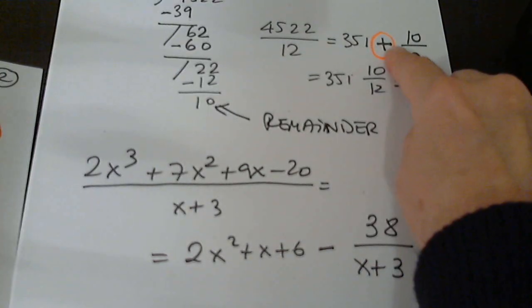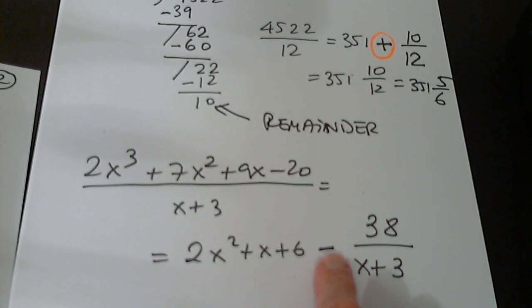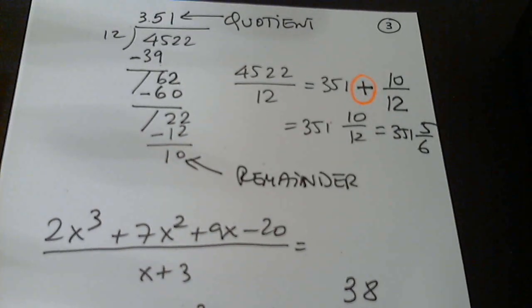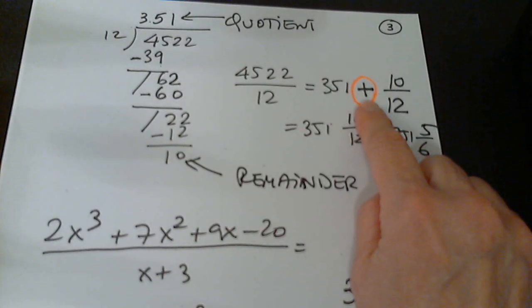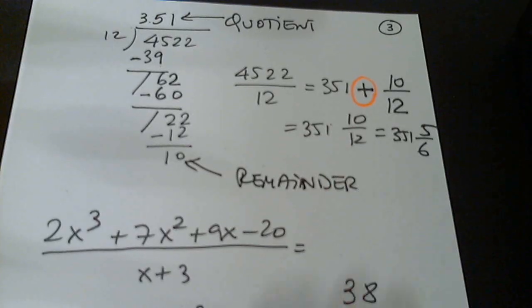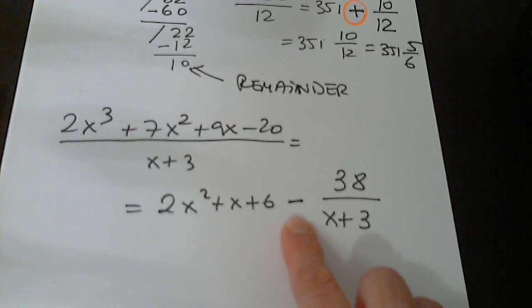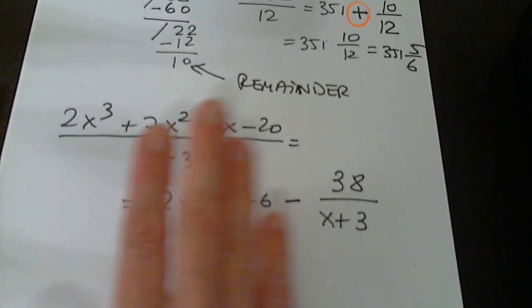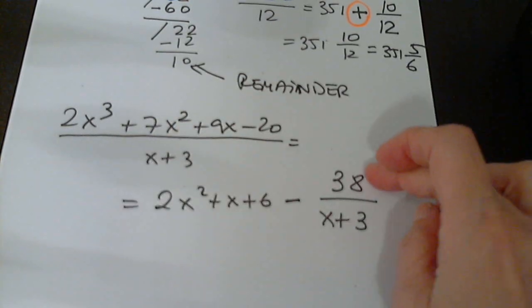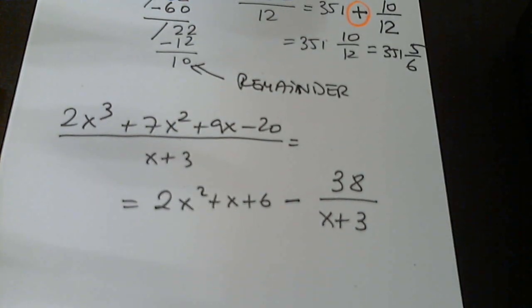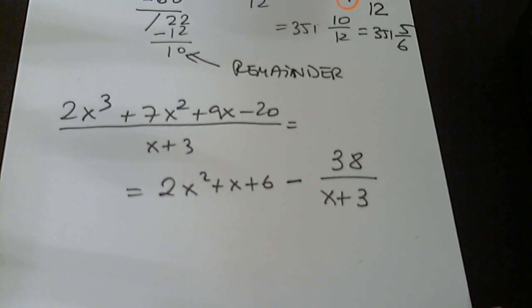The sign, when it comes to polynomials, cannot be omitted. When it comes to numbers, it can, but not when it comes to polynomials. There must be a sign here between the quotient and the remainder over the divisor, either positive or negative.